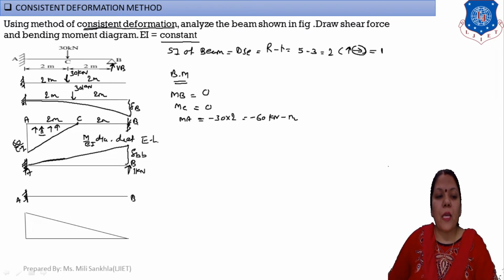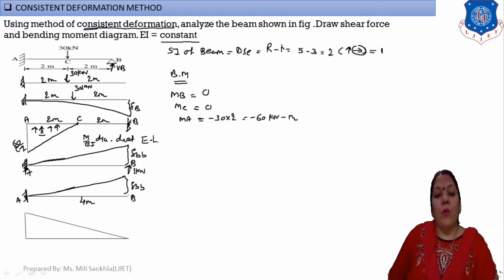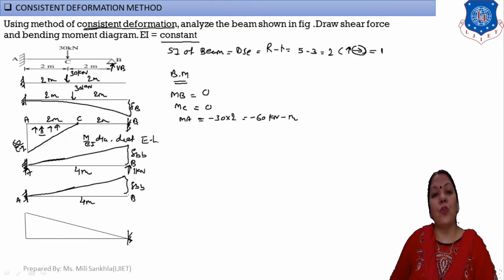Here I show this separately: this deflection is delta B, and this distance is 4 meter. This is the point B. This is 1 kilonewton and this distance is 4 meter. Now we fix the free end because we follow the conjugate beam method, and the moment induced is equal to 1 kilonewton into 4, that means 4, and this is right-hand side anticlockwise, positive.